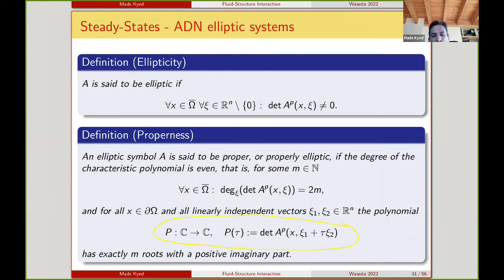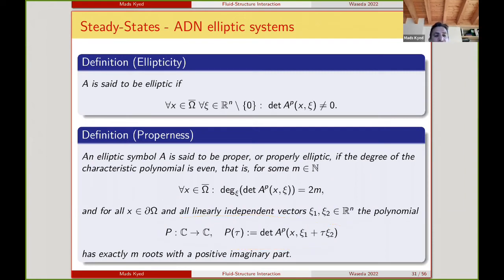And these polynomials that you get by considering symbols at points on the boundary in this way have to have exactly m roots with positive imaginary parts, and therefore also exactly m roots with negative imaginary parts. So we cannot have any real roots. They have to split, and they have to split evenly.